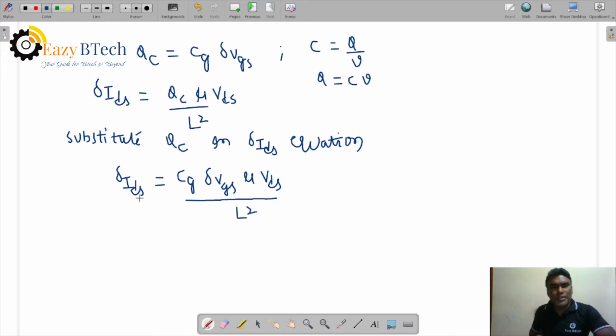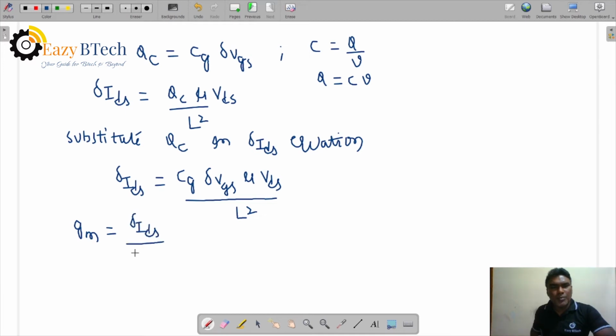Now substitute this change in IDS in the transconductance. We have the formula, then you can substitute.